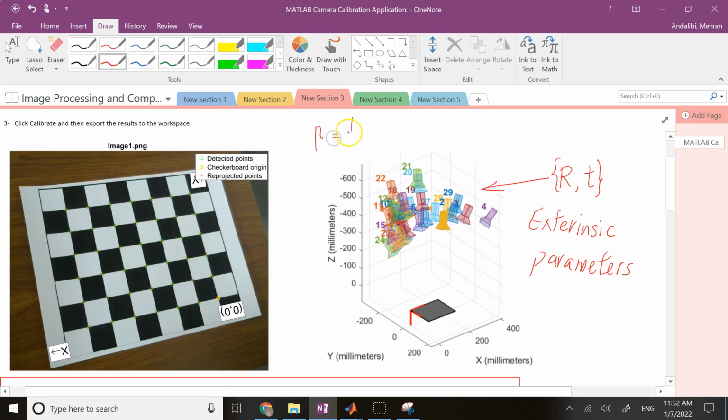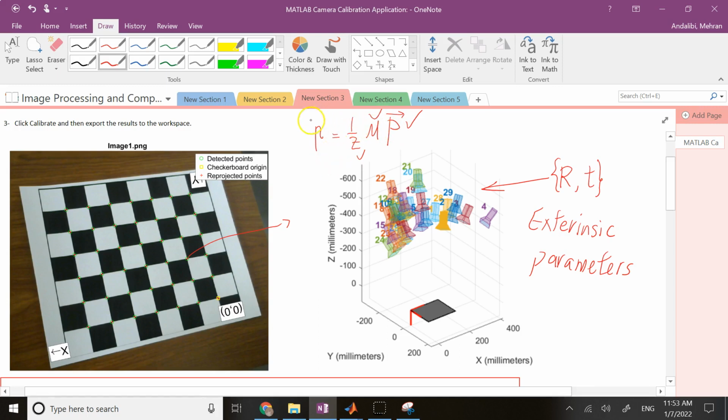Yes, if you remember, it was 1 over z times M times capital P. And my capital P's, I told you how to calculate the x, y, z of each one of these points. So I know them. My M matrix is calculated because now I have all the parameters. The Z can be calculated from M and P. Remember, it's M3.P.